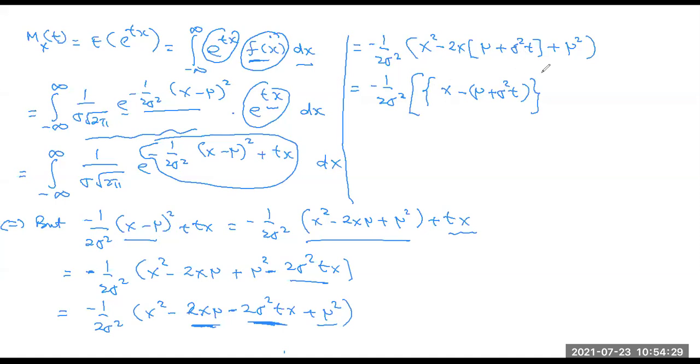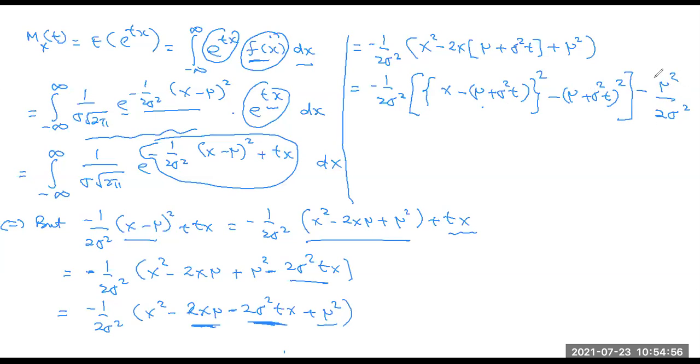So we can square this. When we square that, we have to subtract this term here, so minus mu plus sigma squared t, squared. Then you close the square brackets, then you subtract mu squared divided by 2 sigma squared.